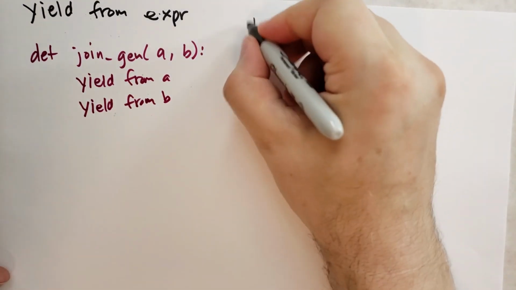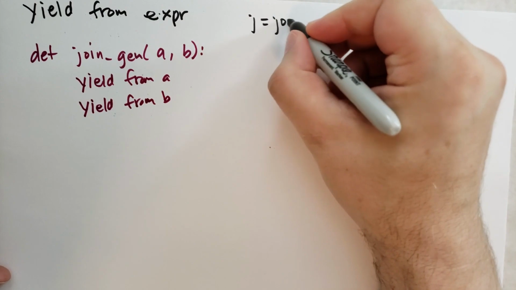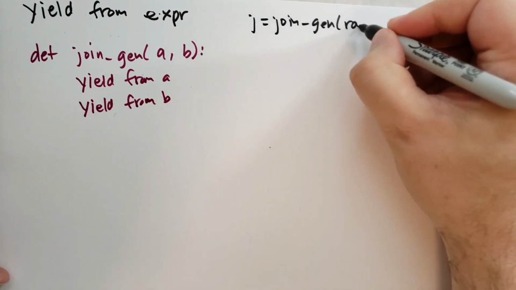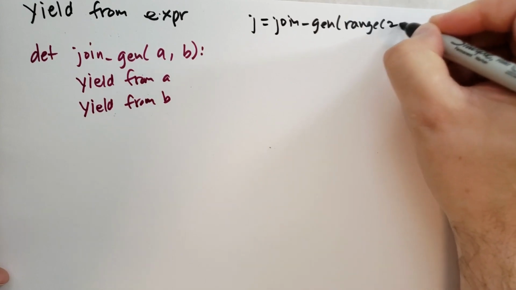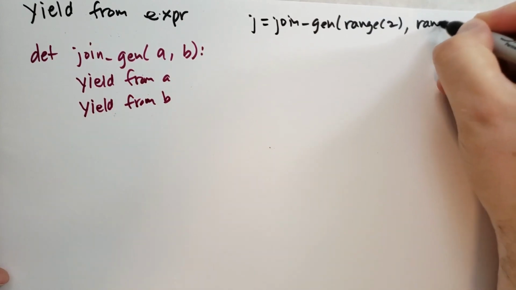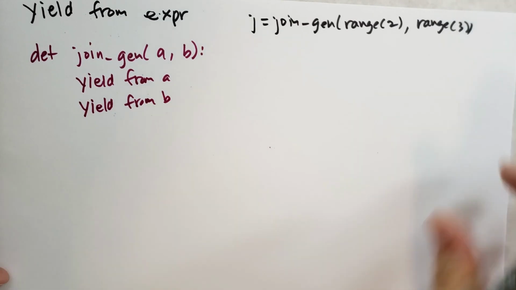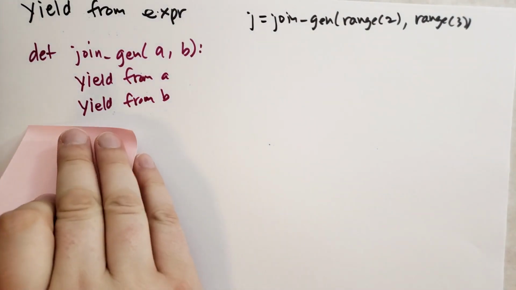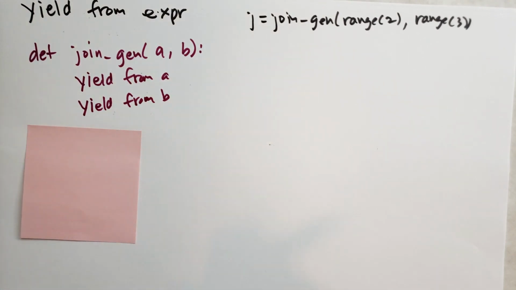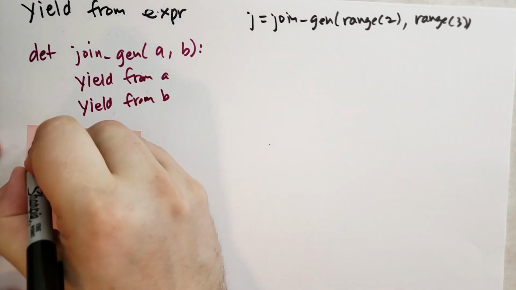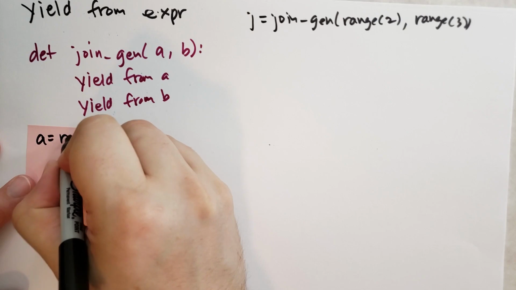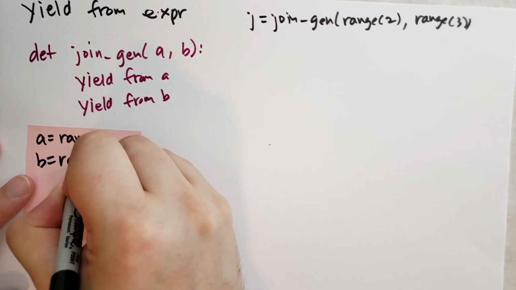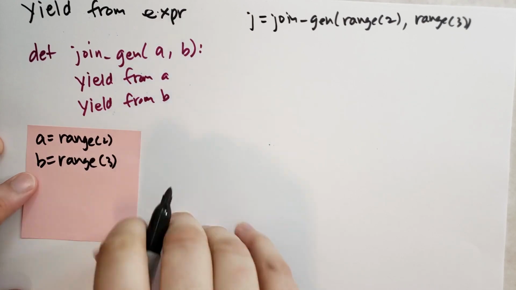So let's say J is equal to join_gen(range(2), range(3)). Okay. So when we call join_gen, it's going to create a new local scope, where A is going to be assigned to range(2) and B is assigned to range(3).